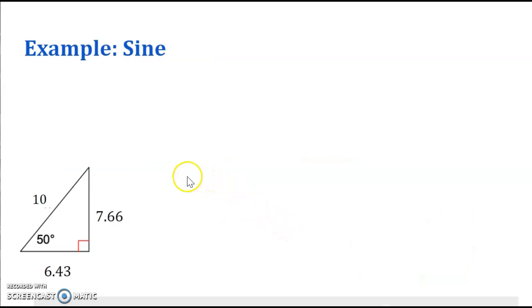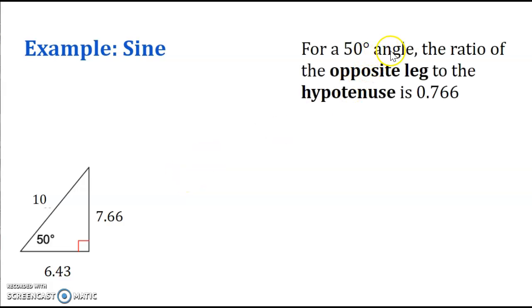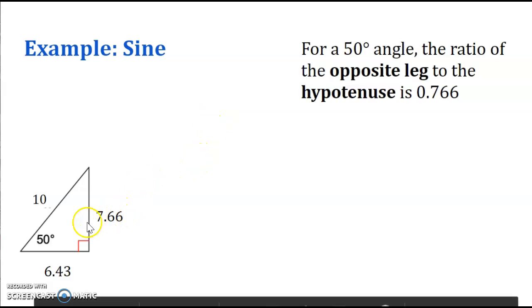So an example of using sine theta. For a 50 degree angle, the ratio of the opposite leg to the hypotenuse is 0.766. That's what we found from the decimals exercise. That was because sine of 50 is the opposite leg, 7.66, divided by 10, which is 0.766.